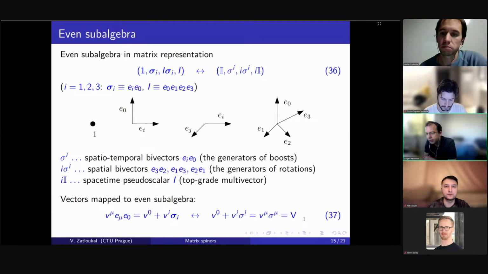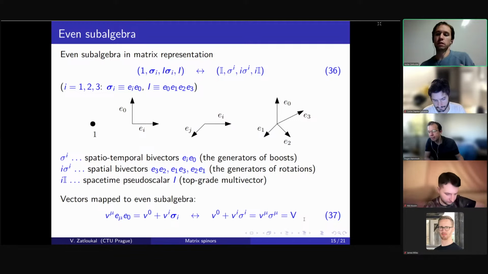So is there a Lorentzian transformation associated with the pseudoscalar at all? You can transform each vector individually, and then you can also transform any chain of vectors.